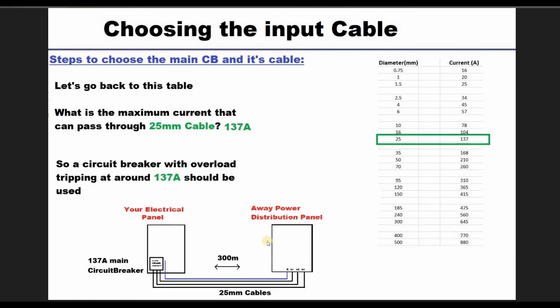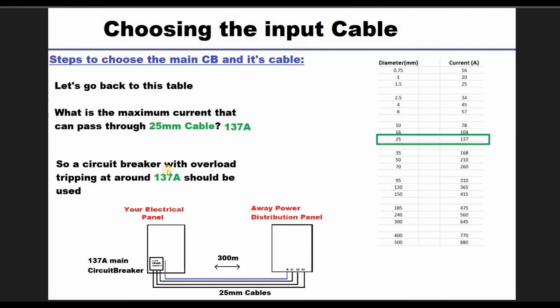But remember, we're trying to protect this cable. So we need a circuit breaker that should trip at the maximum current this 25 millimeter cable can take. For a 25 millimeter cable, take a look at this table now, it can take a maximum of 137.